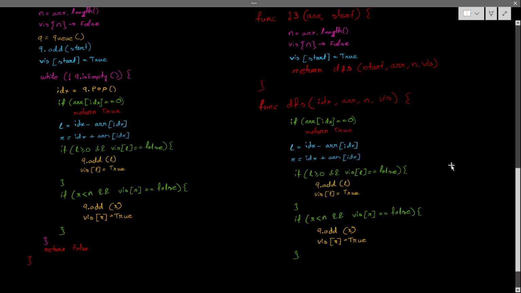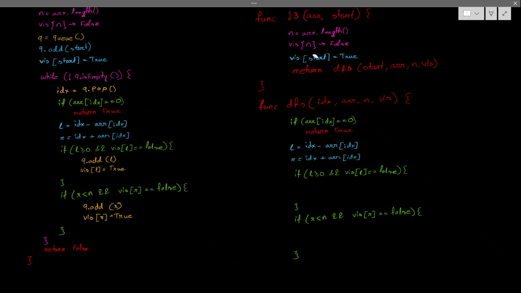So if it is the first case, I have to check the first case. Think of it, you all know what I have to do. If those are valid cases, I have to check whether the two cases are valid. So I have to do DFS of L and pass all the things: ARR, n, and visited.